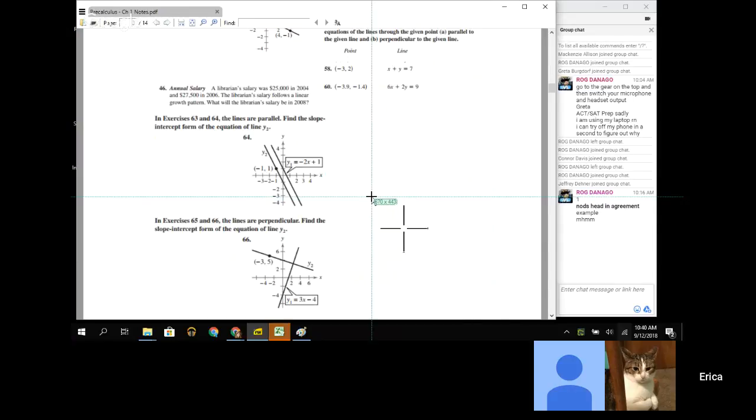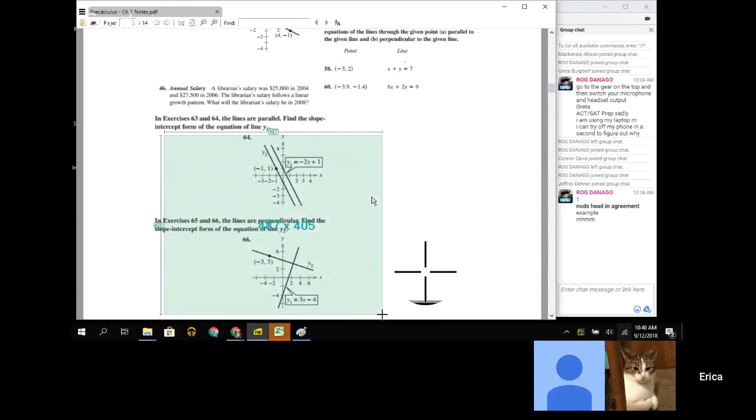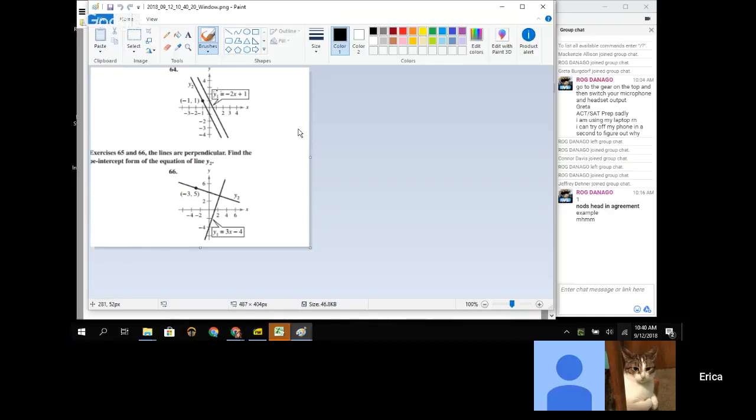So what do you know that the slope of the second line is? -2, exactly. If you know that that's -2, then you know for your second line, y2, the slope in y equals mx plus b is -2x plus b.